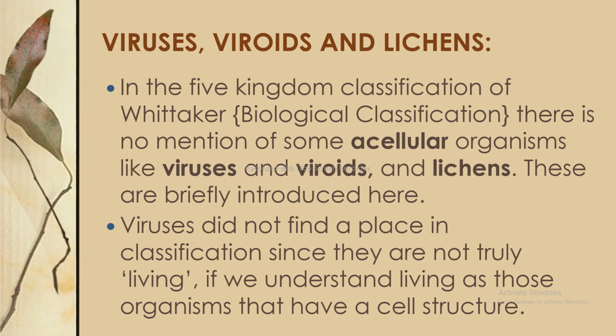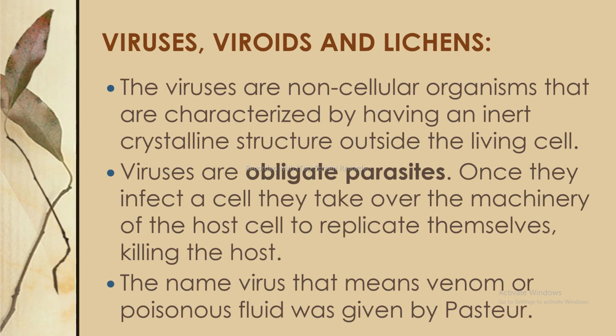If we understand living as those organisms that have a cell structure, the viruses are non-cellular organisms that are characterized by having an inert crystalline structure outside the living cell. Viruses are obligate parasites. Once they infect a cell, they take over the machinery of the host cell to replicate themselves, killing the host. The name virus, which means venom or poisonous fluid, was given by Pasteur.